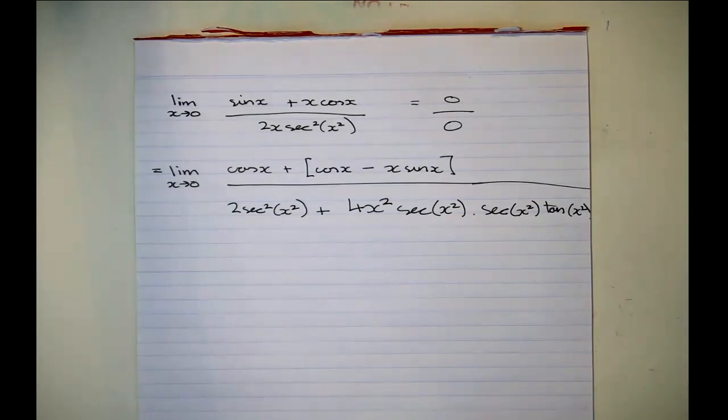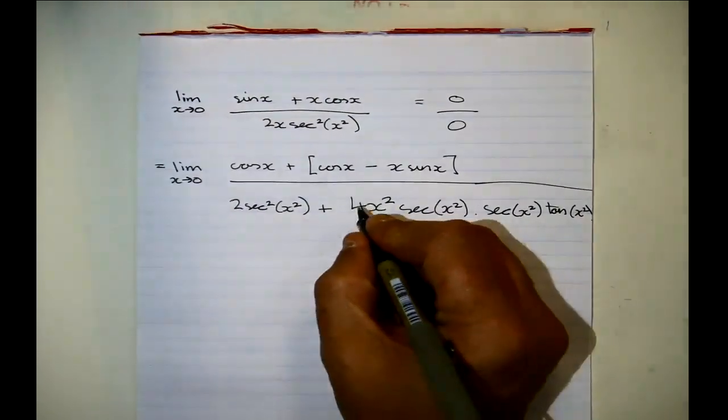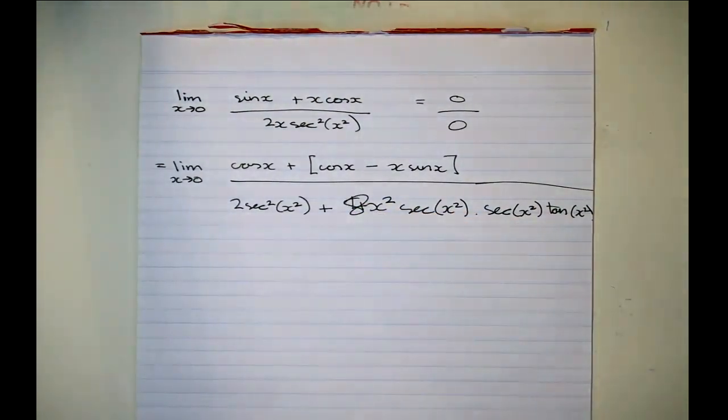And then the next one is 2x times the derivative, sorry, I didn't mean to swear, 2x times the derivative of sec squared. So the derivative of sec squared is 2 times sec of x squared times the derivative of sec of x squared times 2x. Hang on. So it's 2x times 2x times 2, that's 4x squared times 8x squared... sec x squared.